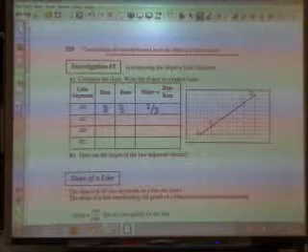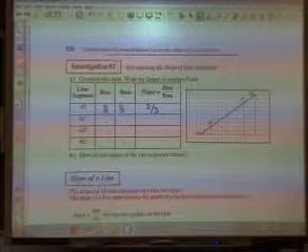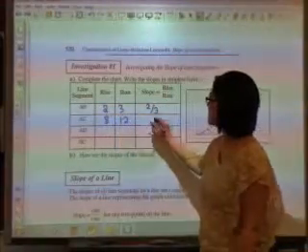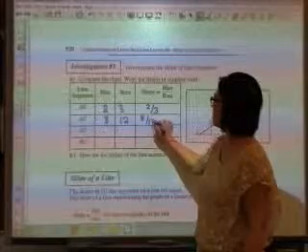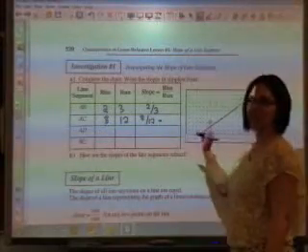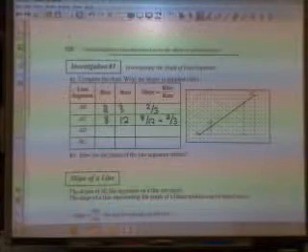What is the rise for line segment AC? 8. And what's the run? 12. So then the slope becomes 8 over 12, which when I divide top and bottom by 4, I get 2 over 3. Okay? Line segment AD, what's the rise? 10.